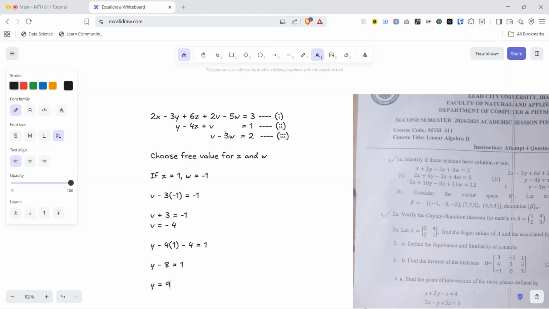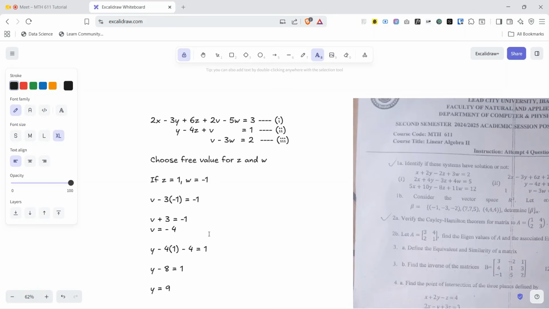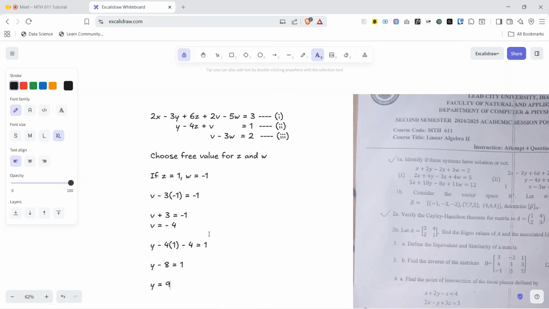Wait, I made a mistake. The mistake I made is in writing 1 here. This should be 2, I'm sorry. This is V minus 3W equals to 2.